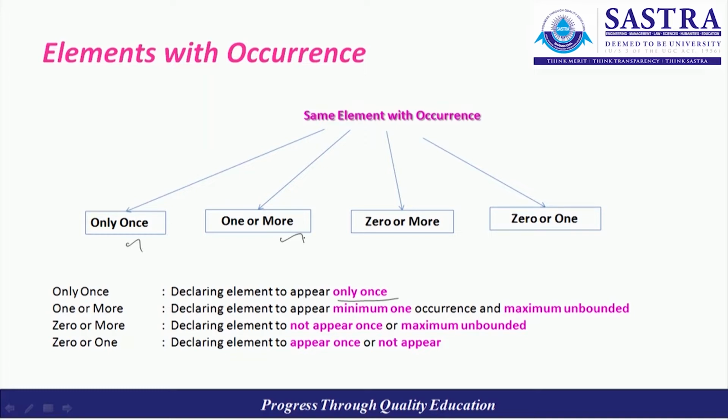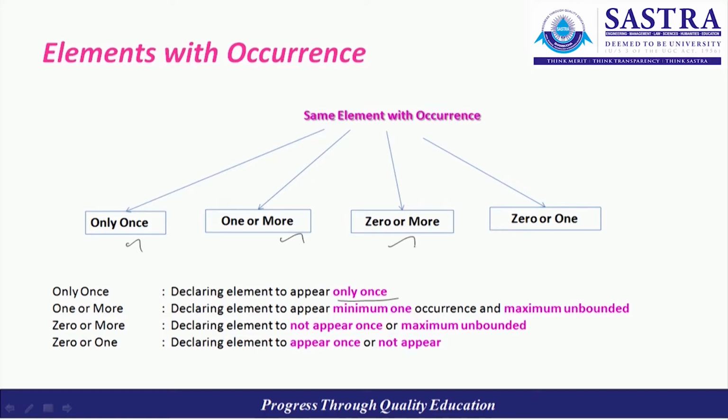We have to fix the minimum as well as the maximum occurrences for an element. Based on that, we have the second category: one or more number of times an element can be presented in an XML document.